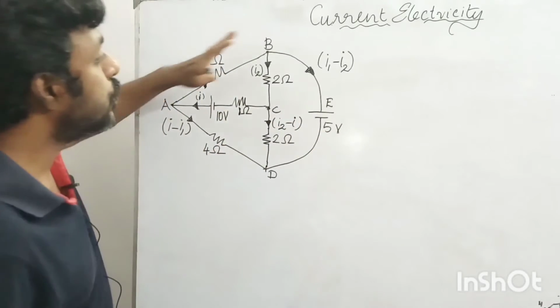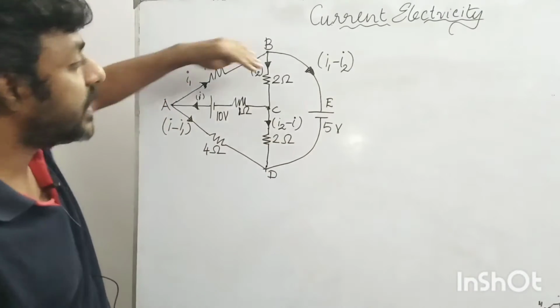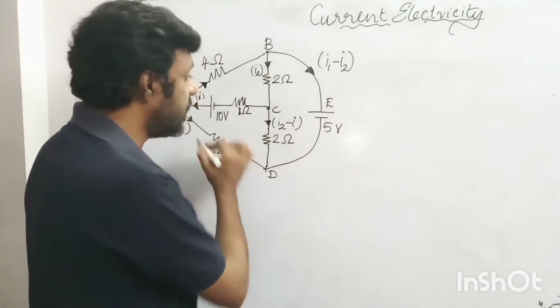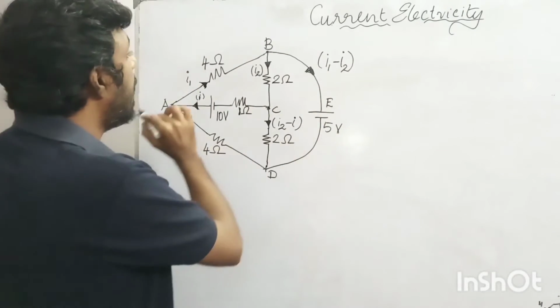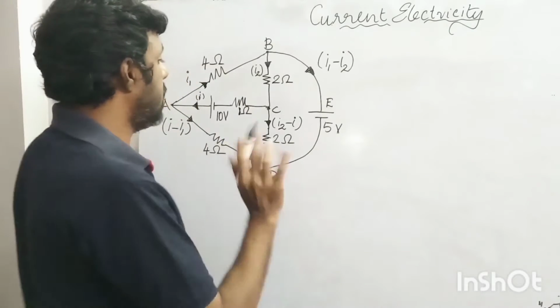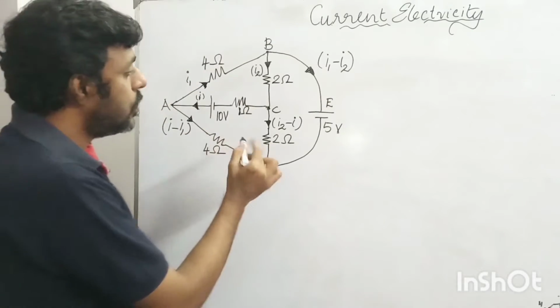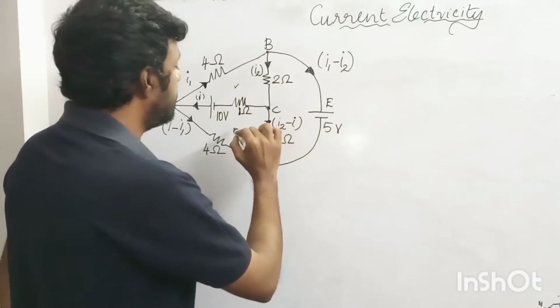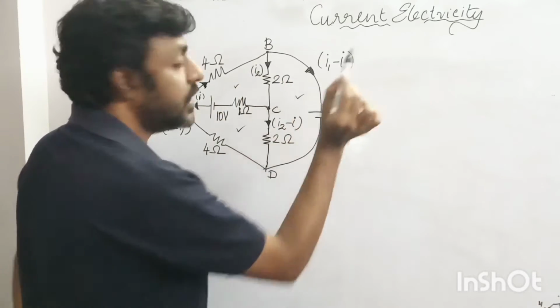This is how you need to name the currents, and how you need to mark their directions. If everything is perfect, then your answer will be perfect, right? Now we have 3 loops. This is one loop, this is the second loop, and this one is the third loop.